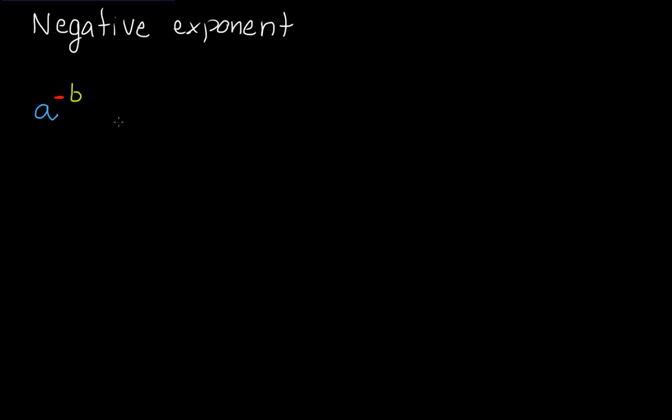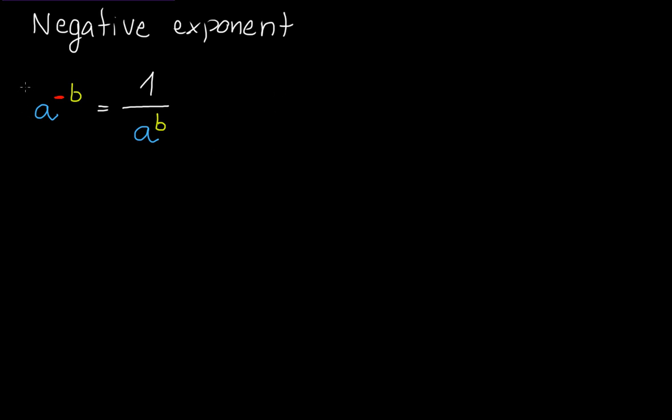So these are just numbers. The definition of this is that we can rewrite this number as 1 over the number a with the power of b. So the exponent becomes positive.